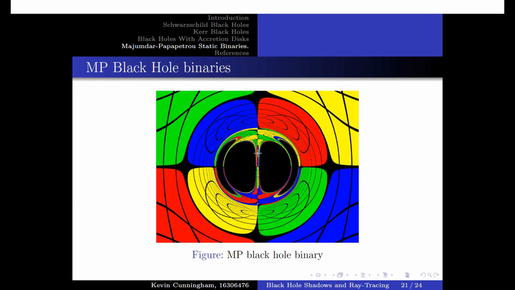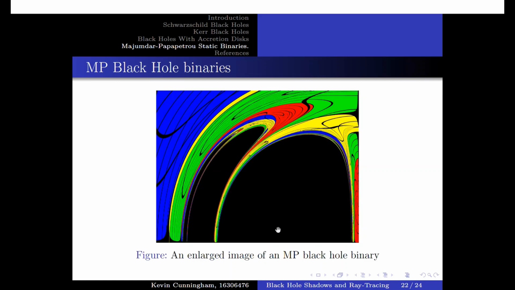So here's an image of our Majumdar-Papapetrou black holes in front of the same colored grid from earlier on. Again, we can see an Einstein ring around the outside, and as we look in, we can still see the reflections off to either side. But as we look closer, we see our pair of black holes, and we see the images of each that we expect to see from the ray diagrams we saw earlier on.